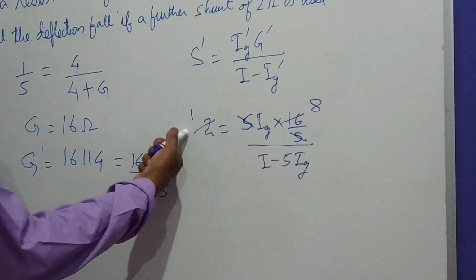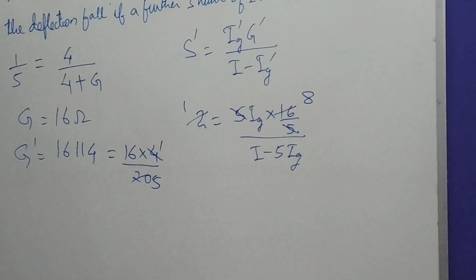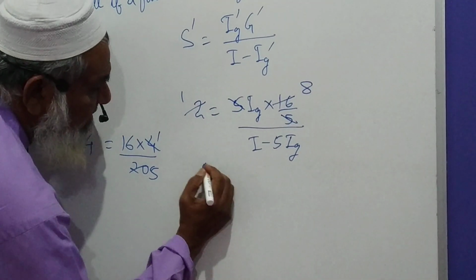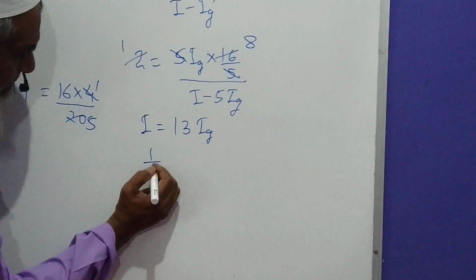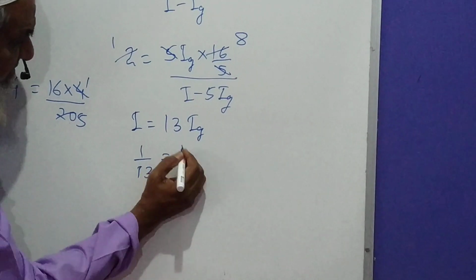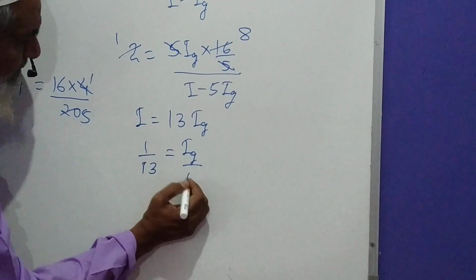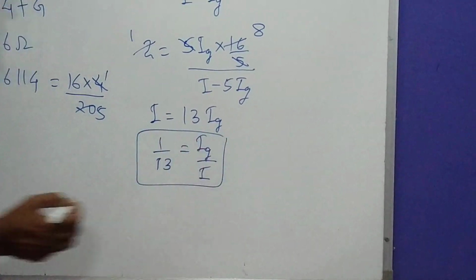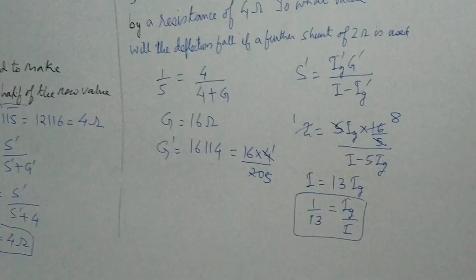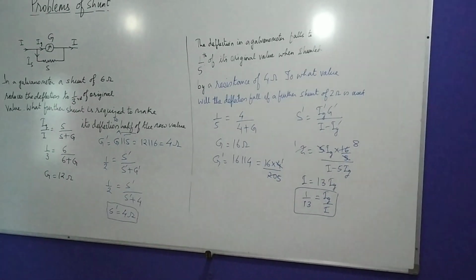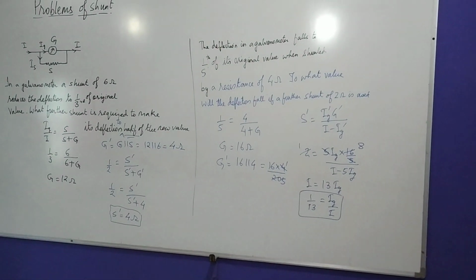So I can bring this I minus Ig on the left hand side, so it will become I is equal to 13 Ig, or 1 by 13 is equal to Ig upon I. So this will be the new deflection in the galvanometer. So these are the two questions that we still had to discuss regarding the shunt resistance part.